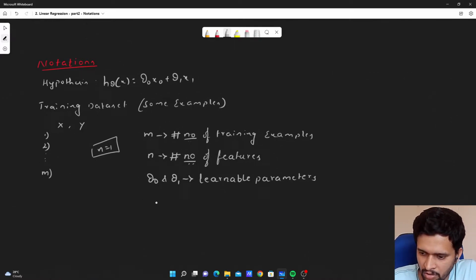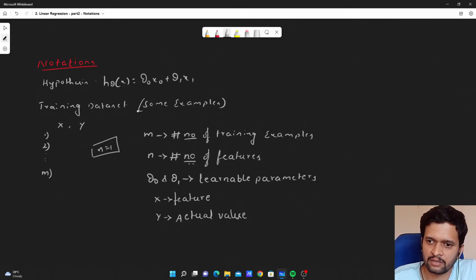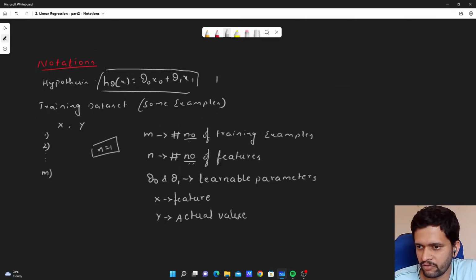Then we have something called as x, it is our feature, and we have y, this is actual value. So this is actual value, right? And then the hypothesis that we are calculating here is also called as predicted value, right?